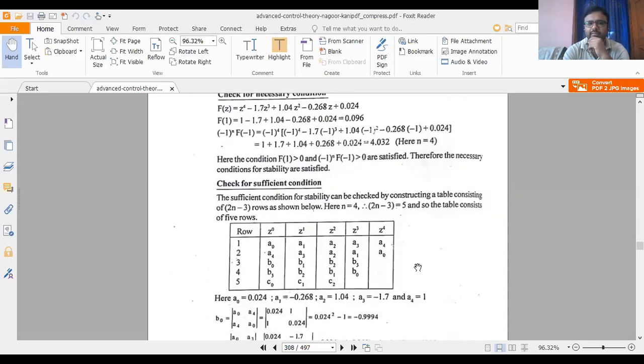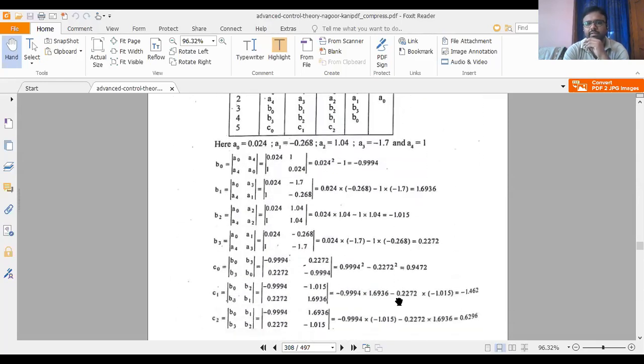From the characteristic equation, we obtain the values of a0 as 0.025, a1 as minus 0.268, a2 is 1.04, a3 is minus 1.7 and a4 is 1.